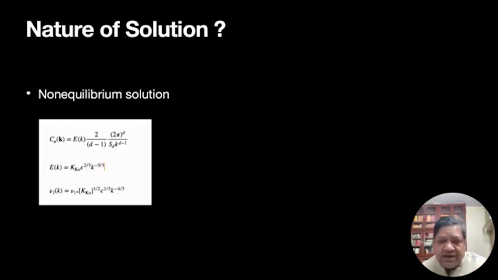Now, the nature of solutions, we expect two kinds of solution. One is this 5/3 solution. For the energy spectrum, we get k to the minus 5/3. Now the viscosity, nu(k), we can derive from here.